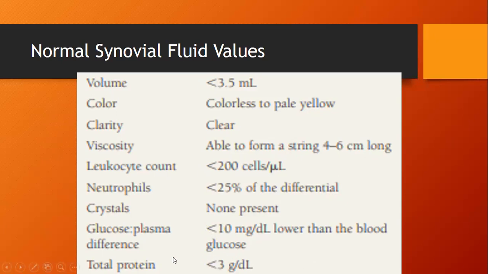Because remember, protein is a high molecular weight substance, and usually high molecular weight substances do not pass through this ultrafiltration process. Although it's non-selective, due to its high molecular weight, it does not go into the synovial fluid.